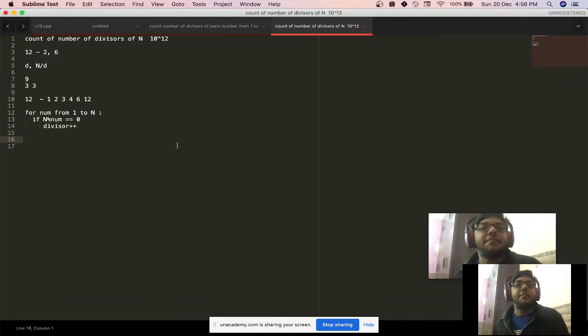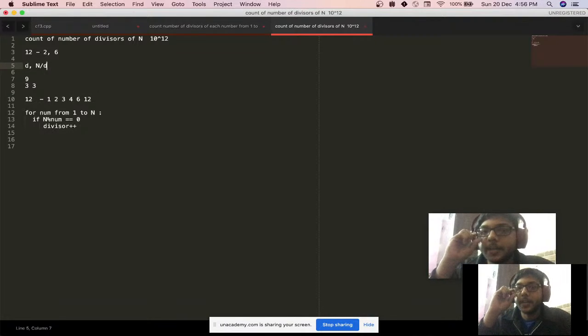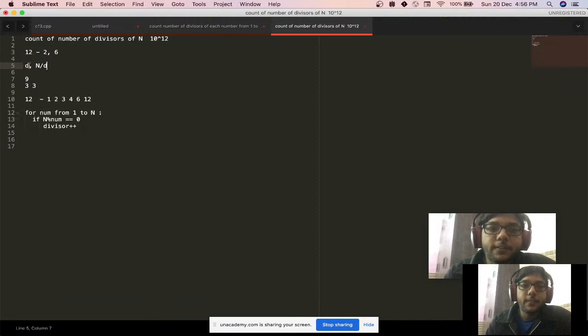So what optimization can we do? The thing that we discussed here: the divisors come in pairs. We have D, we have n by D. So what I am going to do is find the smaller one of them, and I know that there exists another divisor for that. So for small d, I'm going to assume that n by d exists, and I'm simply going to increase my counter by 2.